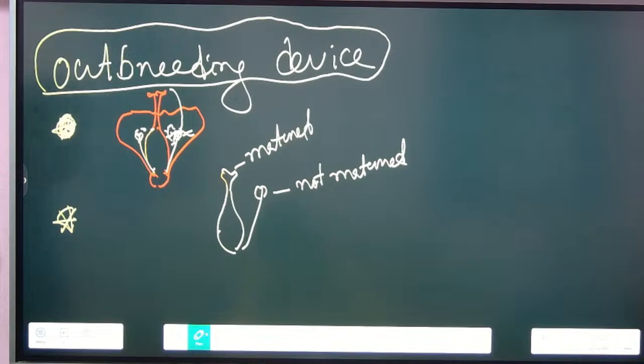So during this period, in the morning the stigma is matured, but the stamen is not yet matured.